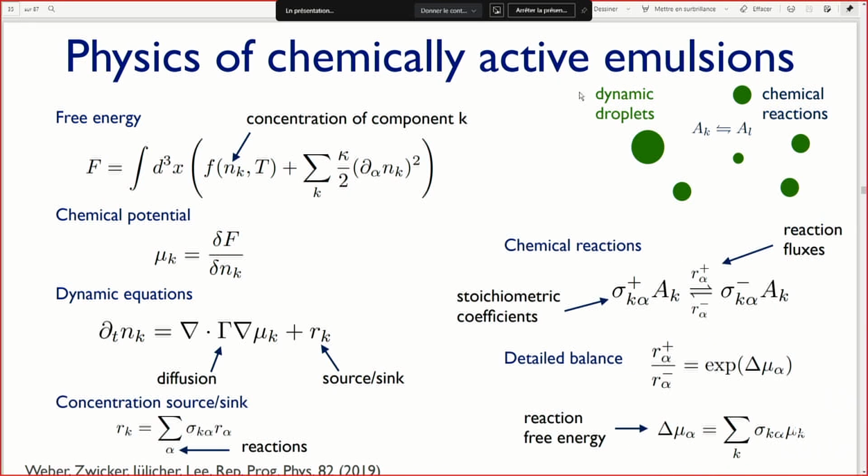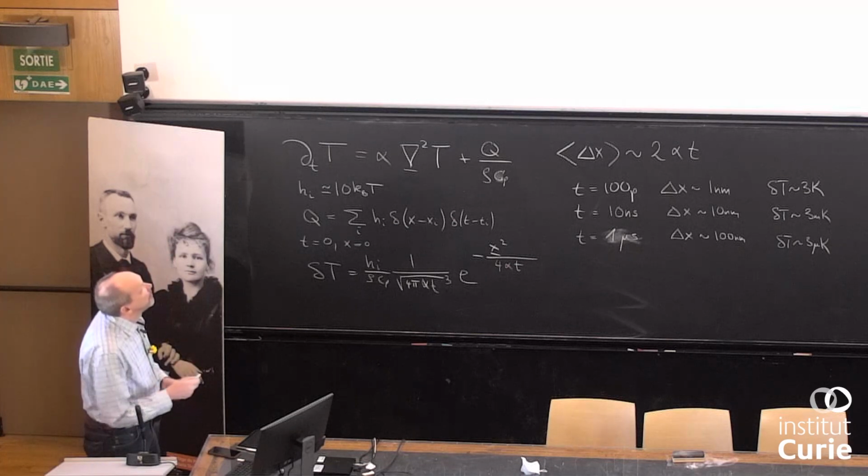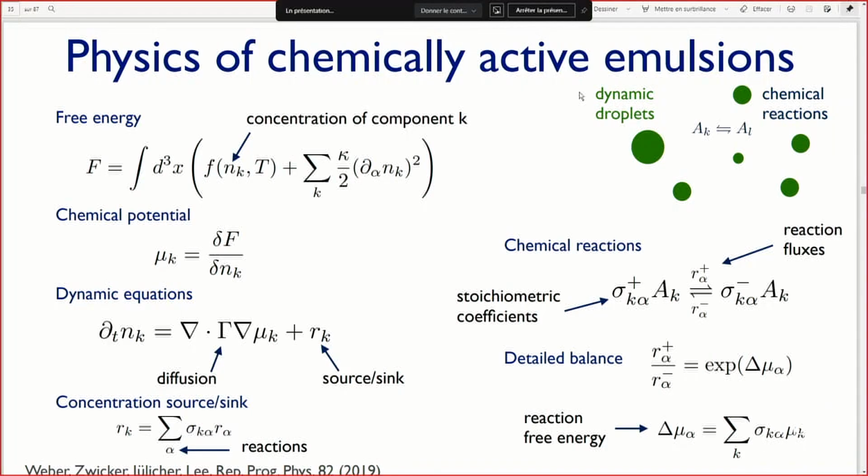To be more specific, one can quite generally write down a general reaction scheme for many components. A_k would be the chemical symbol of the component k. It can be a molecule, a molecular species. And sigma are the stoichiometric coefficients of the chemical reaction.